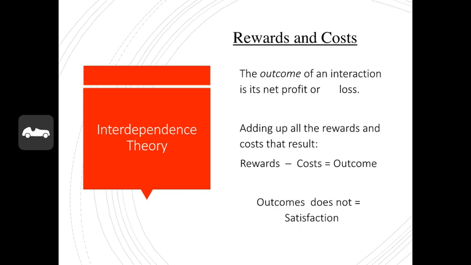And in fact, you'll subtract the total costs from the total rewards, and this gives you the relationship outcomes. Think of that as the profit, so to speak. We want there to be more in the rewards pile than the cost pile so that there is a positive outcome, so that we are in the black, that we are not in the red and in negative areas.